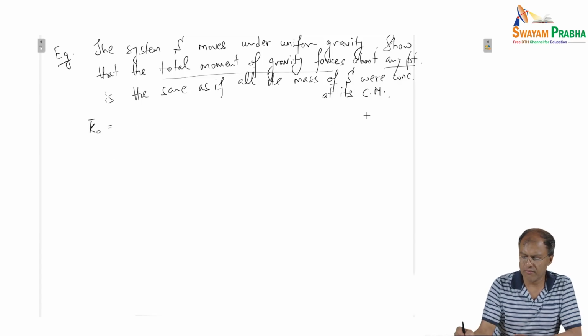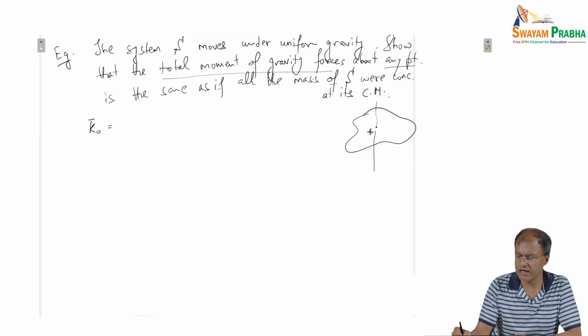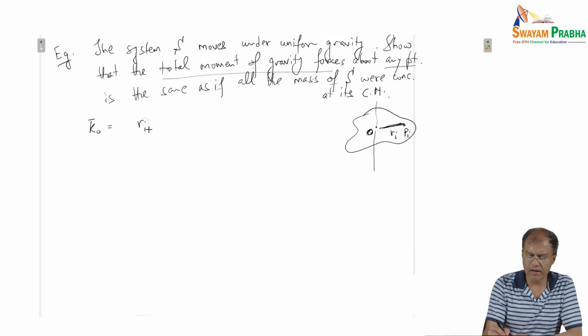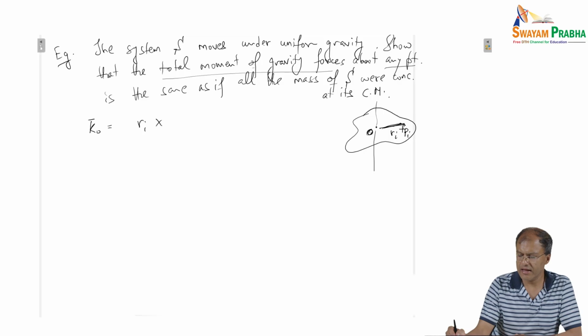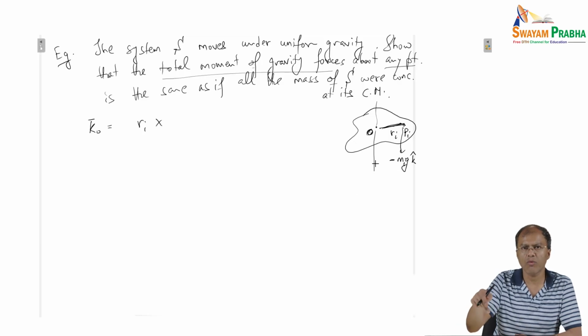We have a system of particles, so we have some axis under consideration, let's say with the origin O, and we are looking at one particle Pi with position vector Ri, and so that moment will be Ri cross the force. What is the only force acting on particle Pi? It will be its own weight, mig, acting in the k direction with a minus sign, minus being downward vertical.